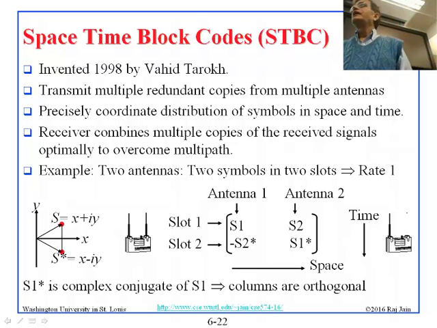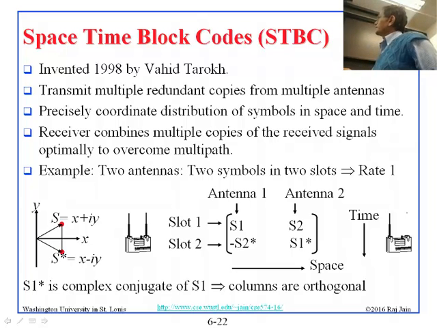So what he said, and this is interesting, is that instead of s, you also have s star, which is the complex conjugate of s, which means x plus iy becomes x minus iy. Conjugate of S means you just take the angle and reflect it in the other direction, right?